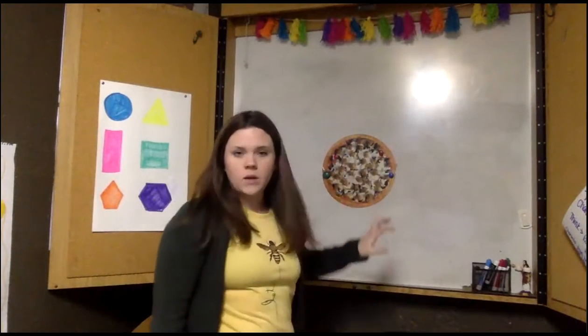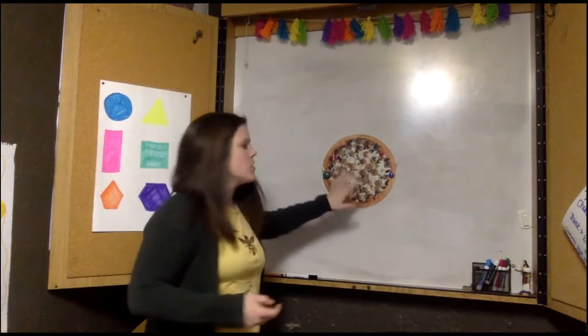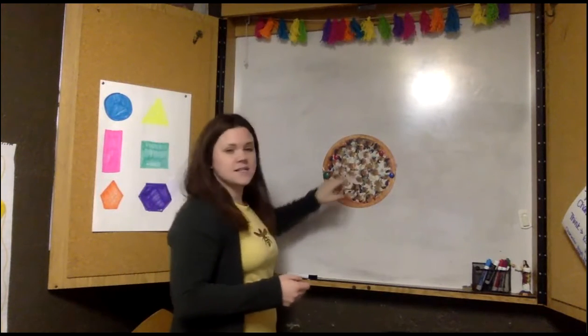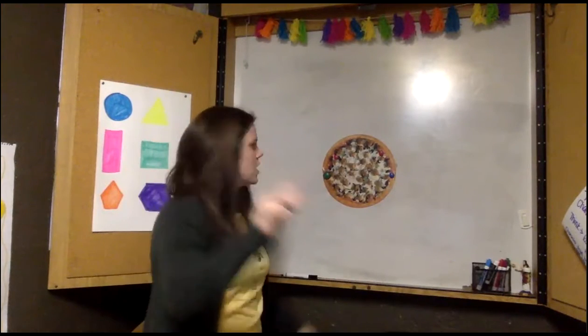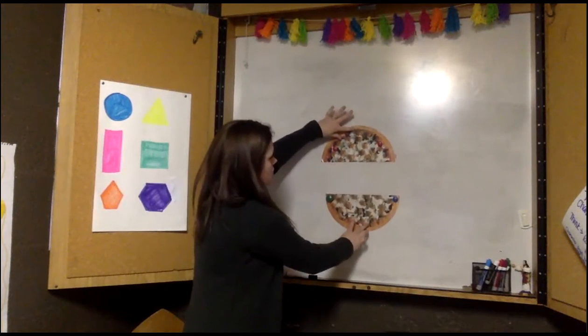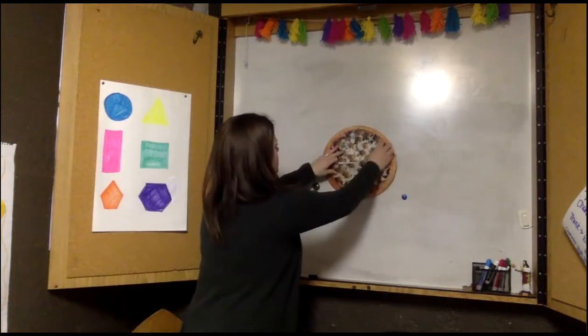In our Zoom lesson 2 days ago, on Tuesday, we talked about cutting pizza into equal shares. So for my equal shares today on my pizza, I want to focus on halves. That means 2 equal shares, right? So I have 1 equal share and 2 equal shares.